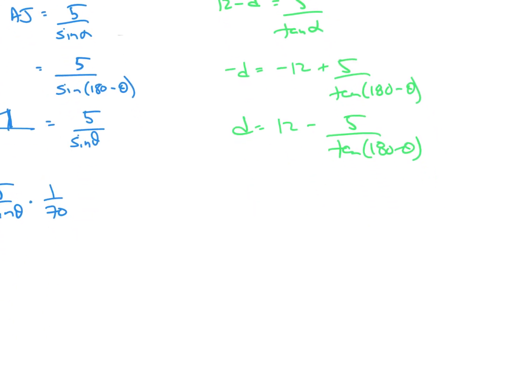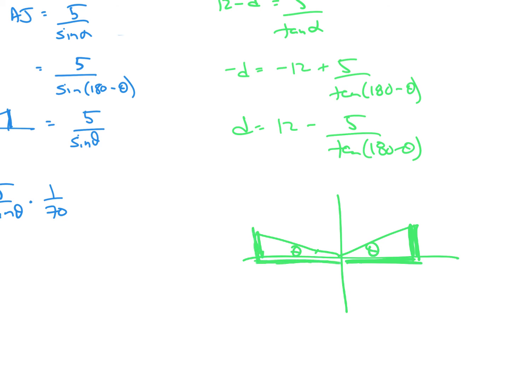To tidy up the tangent one, if this is theta, here is the angle of 180 minus theta. I know that tangent is the opposite over the adjacent. That ratio is going to be the same, except this value here is negative. So this is equal to minus tan of theta.